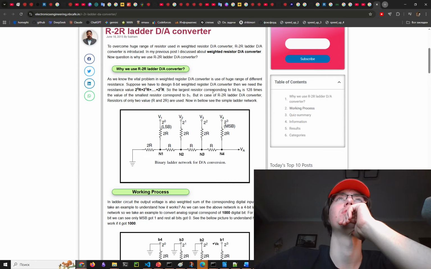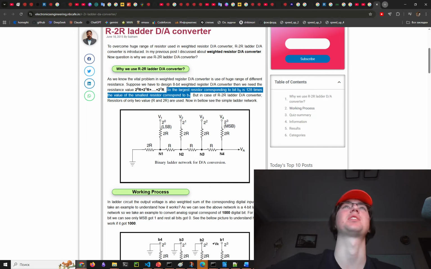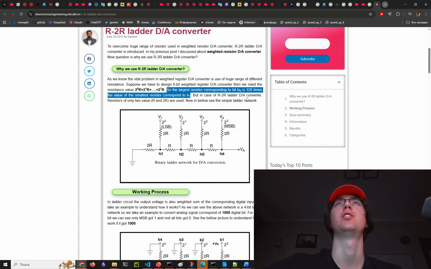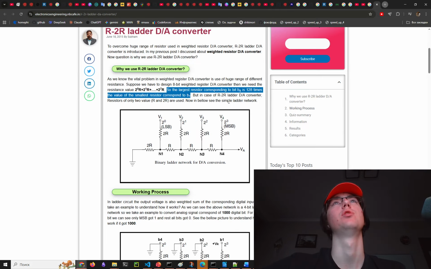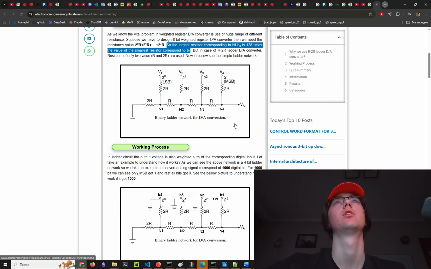So the largest resistor corresponding to bit B8 is, oh yeah, it's basically written what I just said. In the case of R-2R ladder DA converter, only 2 values, R and 2R, are used. Now below, see the simple ladder network.